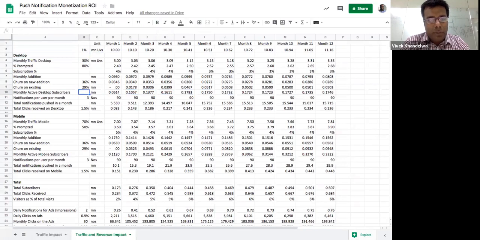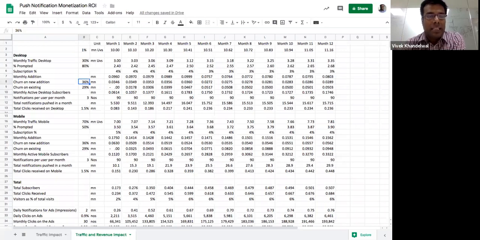It's also important to understand some of these terms here. What we assume very clearly is that subscribers who are added recently to your audience, in the first month, would churn at a higher rate, which is around 30 to 40%.